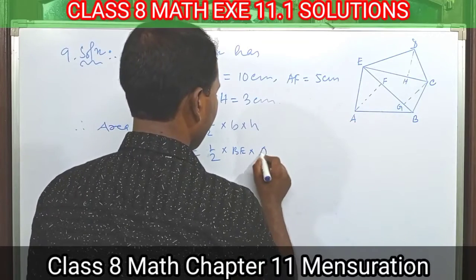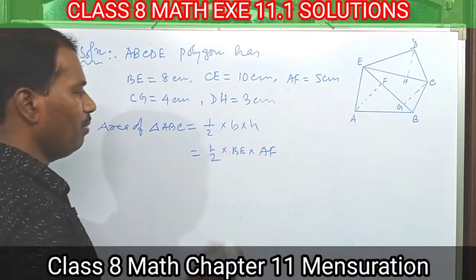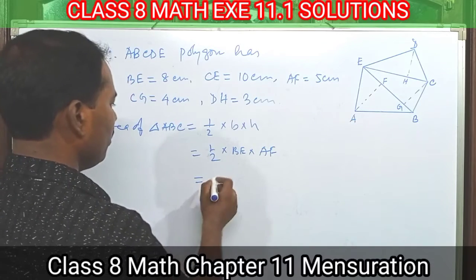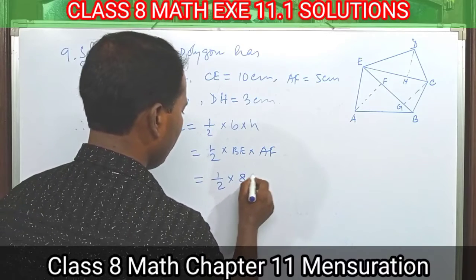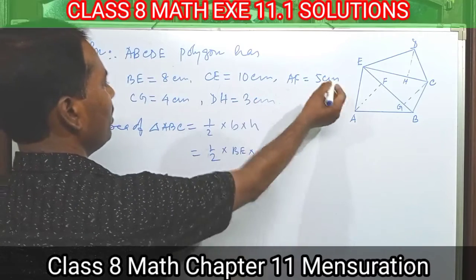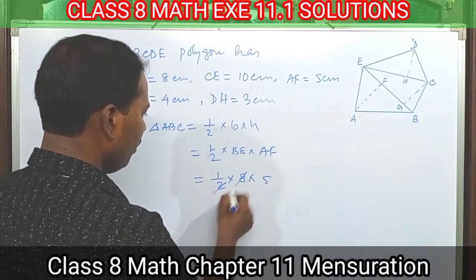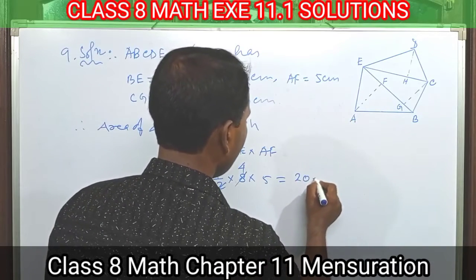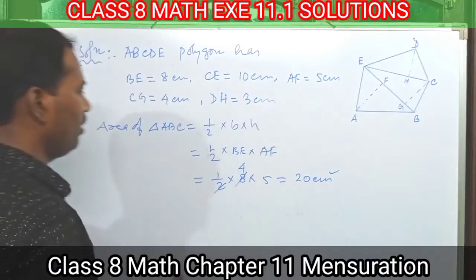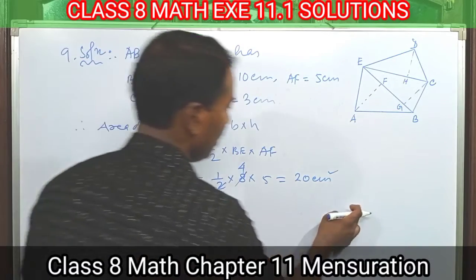Height is AF. My dear friends, please be attentive. Now half into BE, which is 8, into AF, which you can see here is 5. 2 4s are 8. Now what do we get? This is 20. Area of triangle ABE is 20 centimeters square.